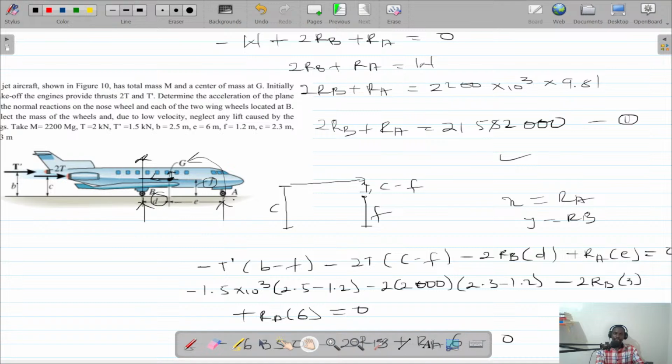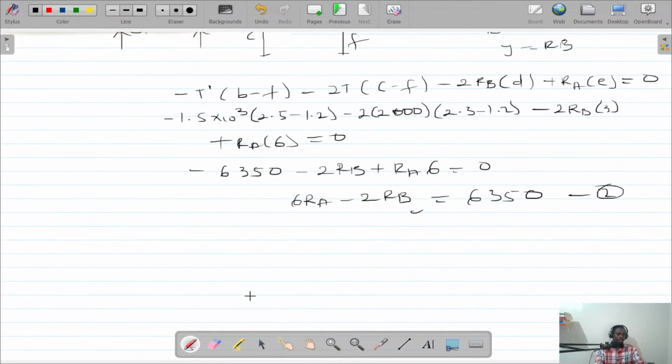Hey, none of you is here. What did you get for your reactions? I'm getting RA to be 3084050 and RB is 9248975.